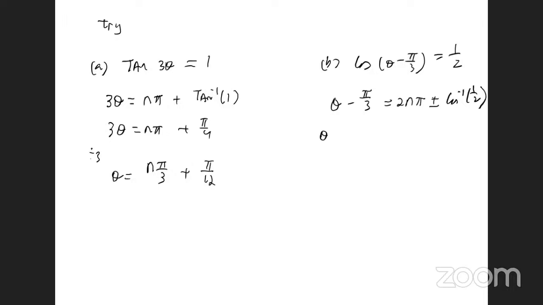So that will give you theta minus pi on 3 is equal to 2n pi plus and minus a half is what? Pi on 3, right?